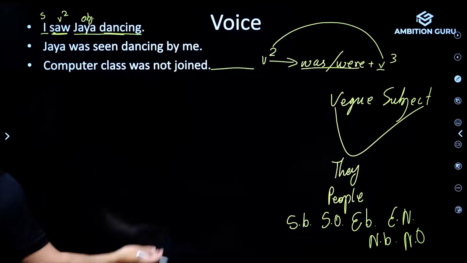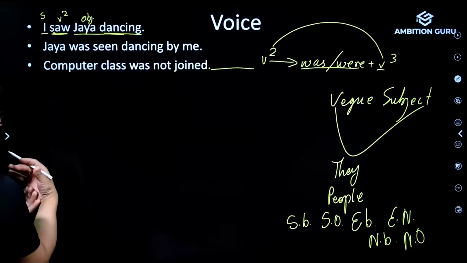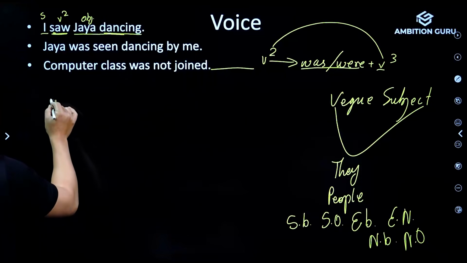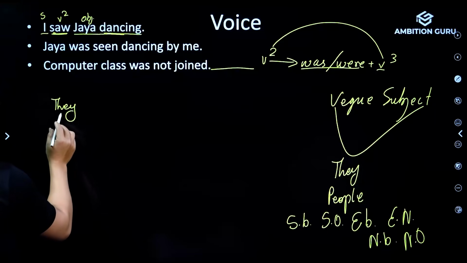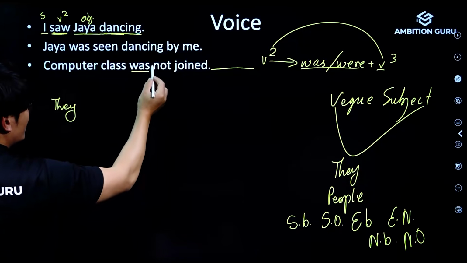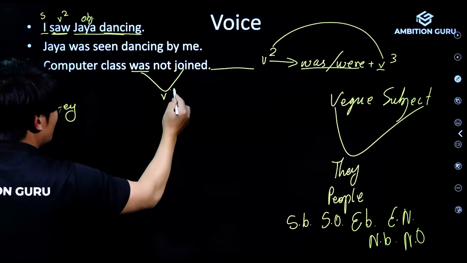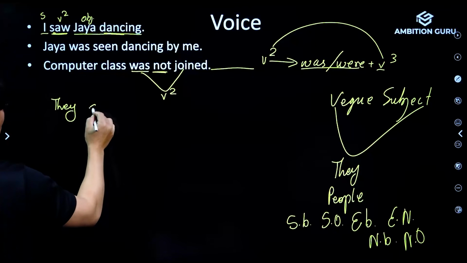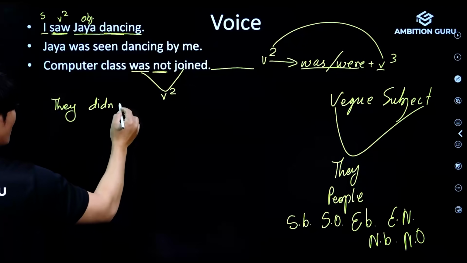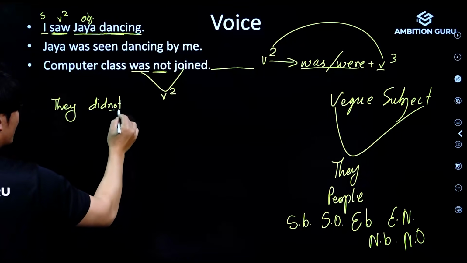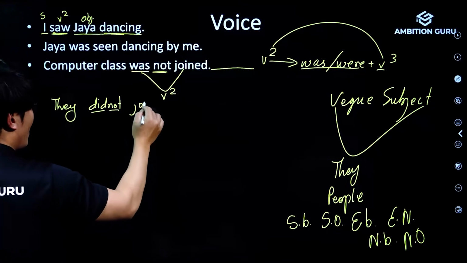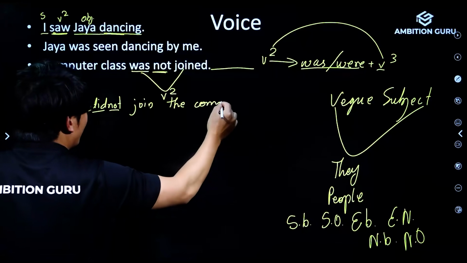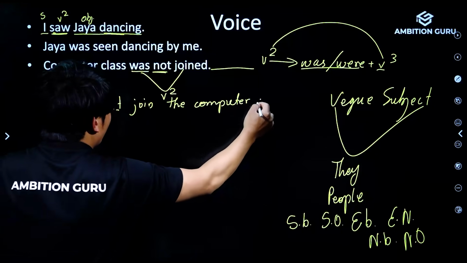So when you have this type of question, like the computer class was not joined, you can guess anything. You can even write "they" here, but if you write "they" and the verb is joined, it should be verb 2. Because you need "not" here, it should be negative, like "they did not join the computer class."